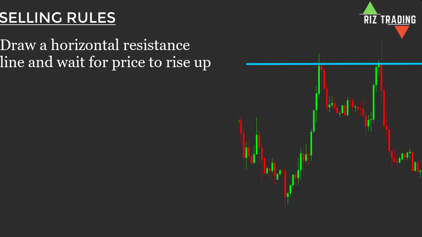Selling rules. Once a resistance level is identified, draw a horizontal resistance line and wait for the price to rise back up to that line.